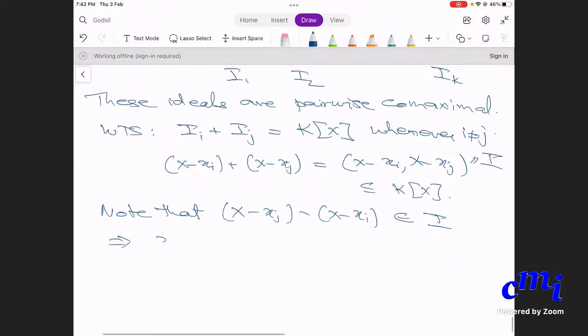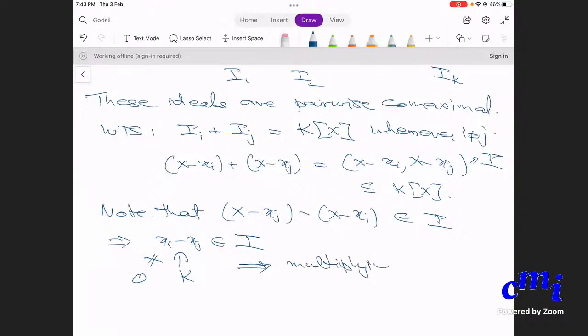This means xi minus xj belongs to I. This element is an element in K, and it is not zero because I took all the little xi's to be distinct. So I have a non-zero element of the field K in I, which means multiplying by 1 over (xi minus xj), we get 1 belongs to I. That means I must be the whole ring.